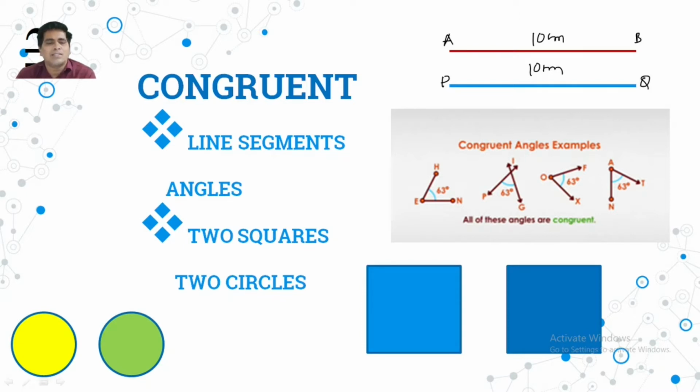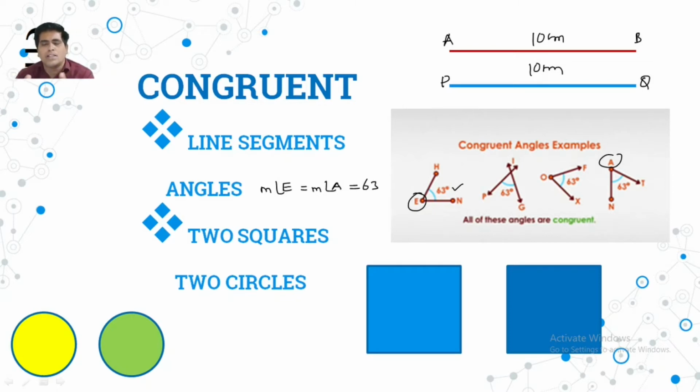About angles. If two angles have the same measure. In the figure you can see the measure of angle E is 63. The measure of angle A is also 63. So both are equal to 63.